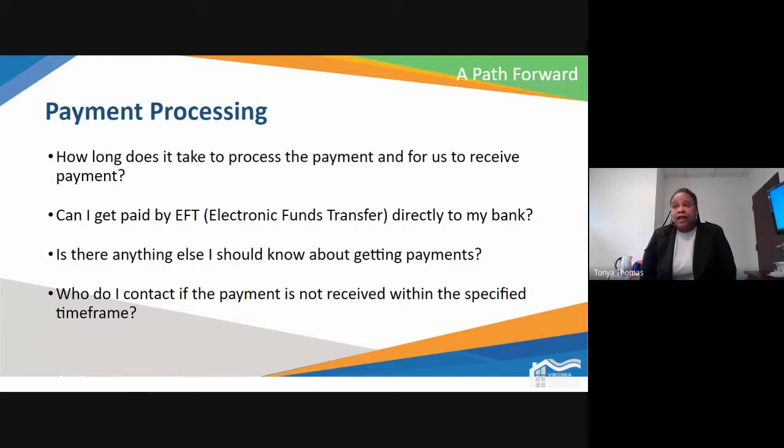Because if you're not signed up for EFT, then you're more than likely going to receive a check. And that's going to further delay, because we know how much problems individuals have been having with receiving mail. So we have at least 30 days in order to get those payments out to you.